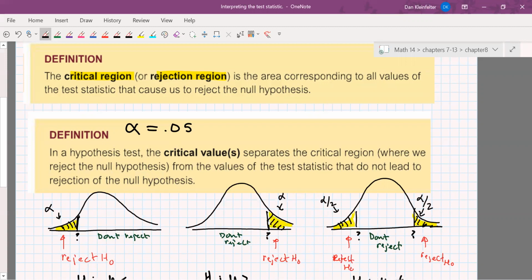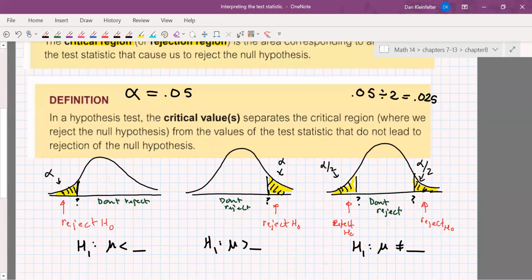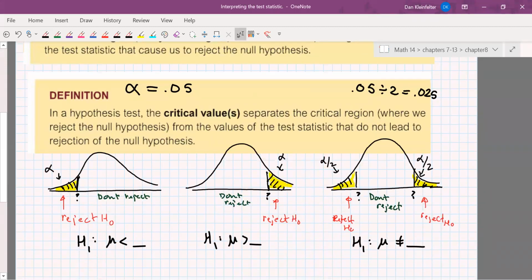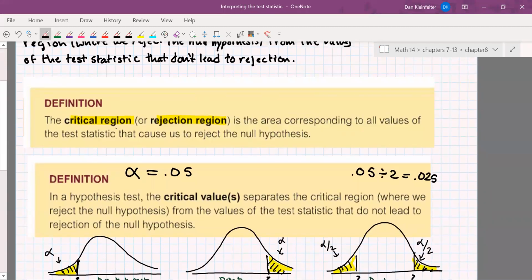Again, we want to find the critical value for that. If we had a two-tailed test, 0.05 divided by 2 is 0.025, and so we would have 0.025 in each tail. The critical region, what's shown in yellow here, also called the rejection region, is the area corresponding to all values of the test statistic that cause us to reject the null hypothesis.